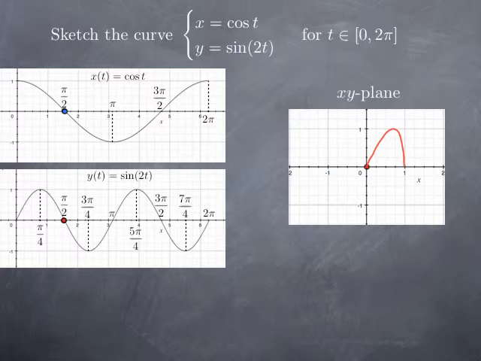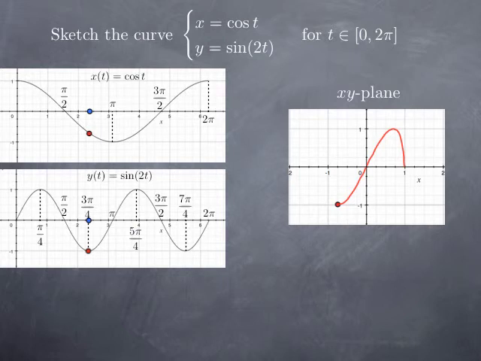Now if we keep tracking what's happening, let's say t now is going to increase to 3 pi over 4. As we do that, x is going to decrease to negative values, and so will y, and y is going to decrease all the way to its minimal value of negative 1, while x decreases to the value at 3 pi over 4, which is negative root 2 over 2.